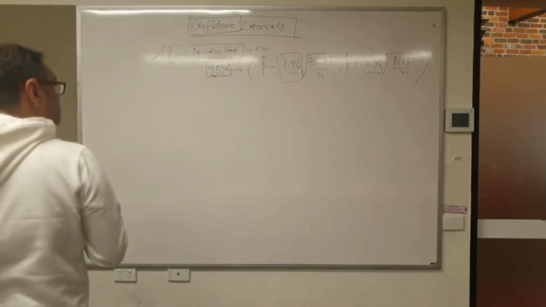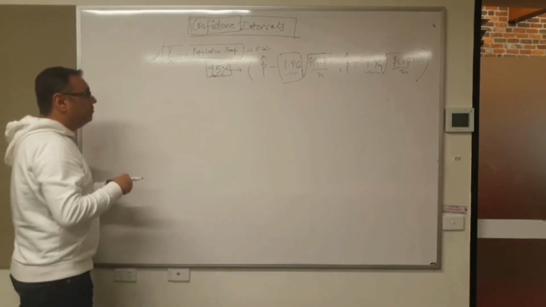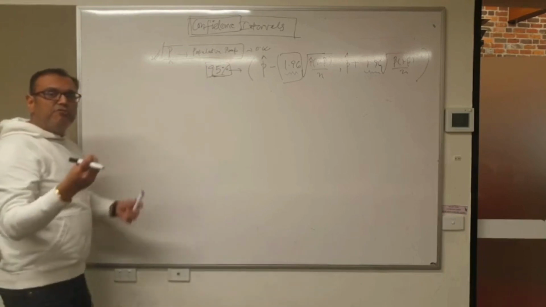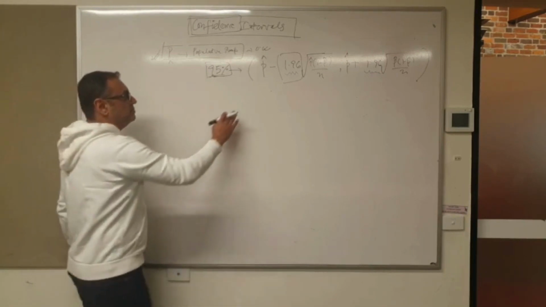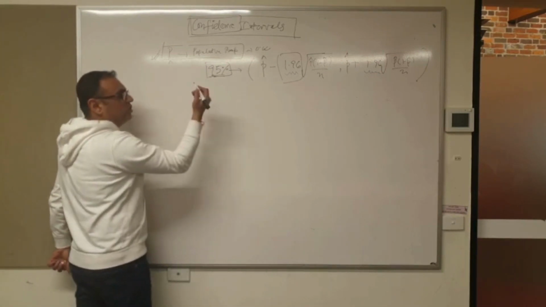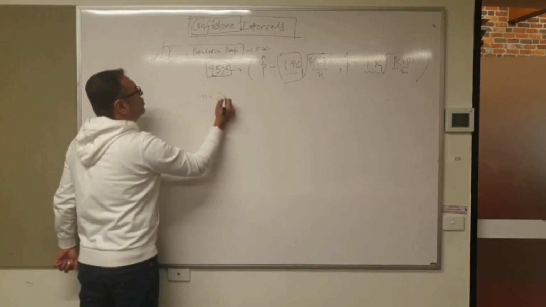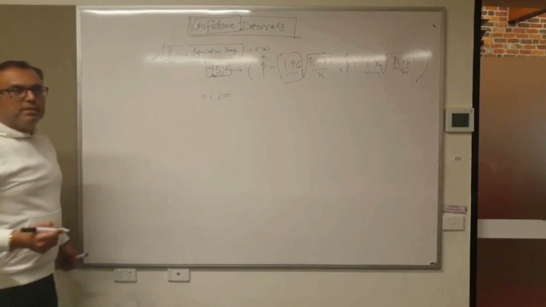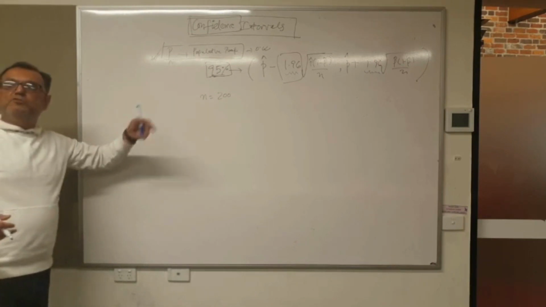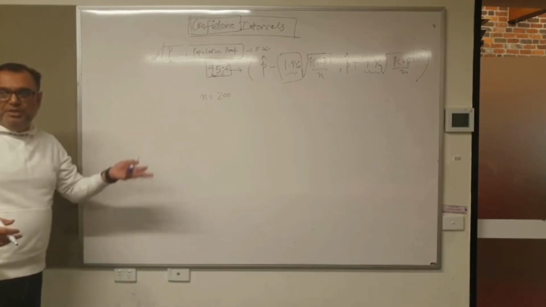The next point to be noted here is, let's say you've drawn out a sample and your n was, let's say 200. And again, I'm taking the example of number of students using social media.